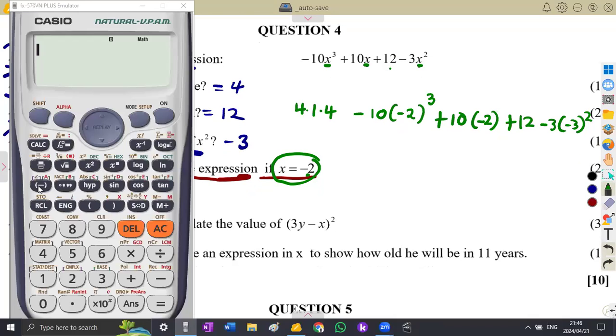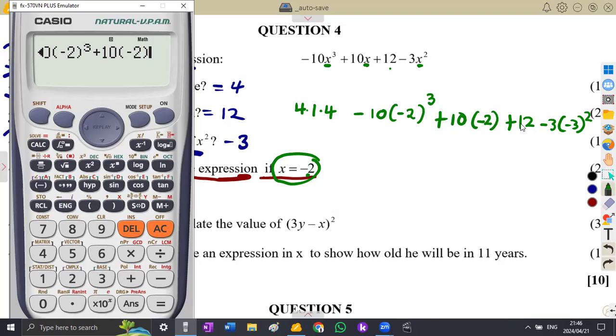So this is going to be minus 10, you open a bracket, minus 2, and inside the bracket you raise this to the exponent of 3. Then we move on to 10 times minus 2. So we must have a plus there: plus 10, open the bracket, minus 2, like this.